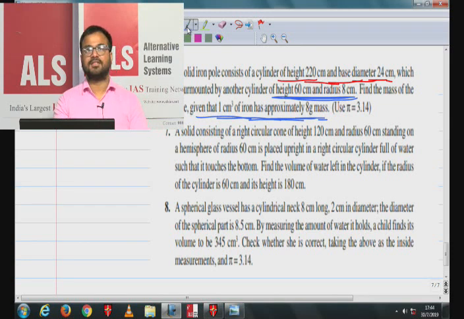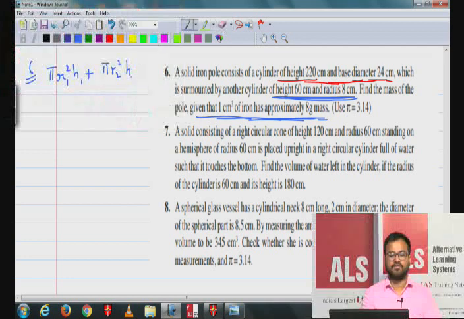No, CC4, the answer is not right. See, the question number 6. First of all, we have to add the volume for both the cylinders. So, pi R1 square H1 plus pi R2 square H2. That is the volume for cylinder 1 and that is the volume for cylinder 2. Pi we can take common.